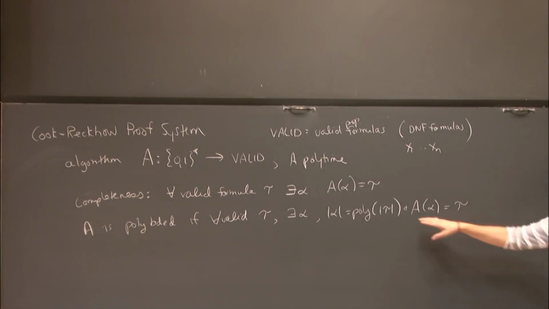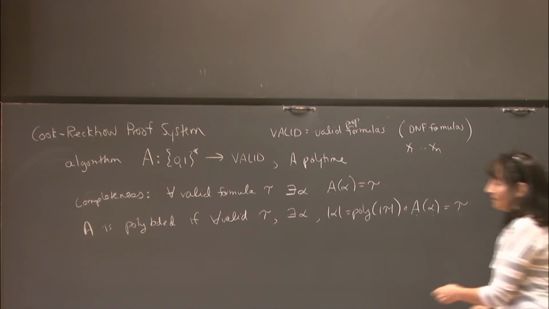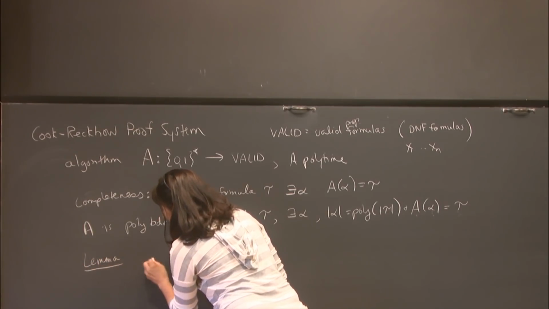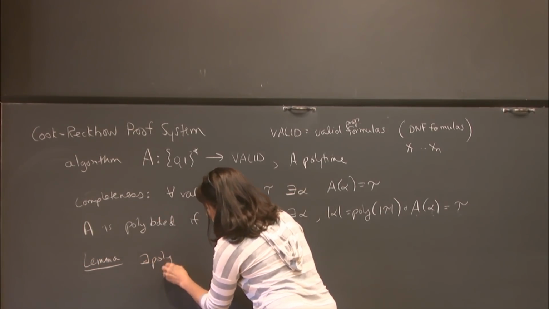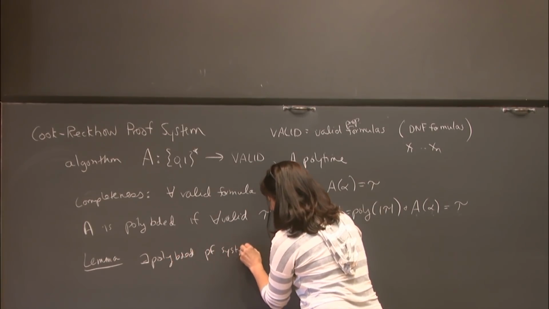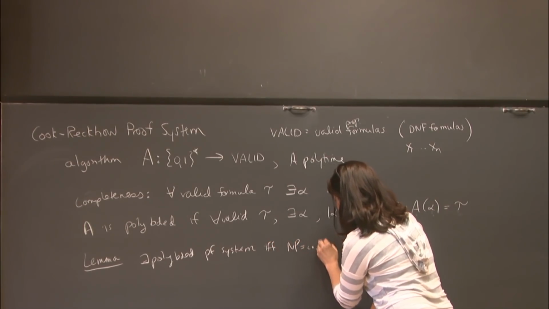Okay, so we'd ideally like to have proof systems where for every valid formula tau there's a short proof, where the proof has length polynomial in the size of the DNF. Okay, and if such a proof system exists, so this is an easy lemma or theorem: there exists a polynomially bounded proof system if and only if NP equals co-NP.